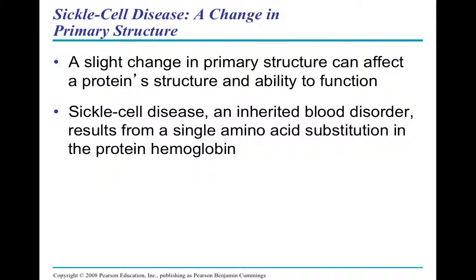So a slight change in the primary structure can affect a protein's structure and ability to function. Just changing one little amino acid can change the whole structure of the entire protein. So sickle cell disease, which is an inherited blood disorder, results from a single amino acid substitution in the protein hemoglobin, which we saw was the light purple and dark purple.